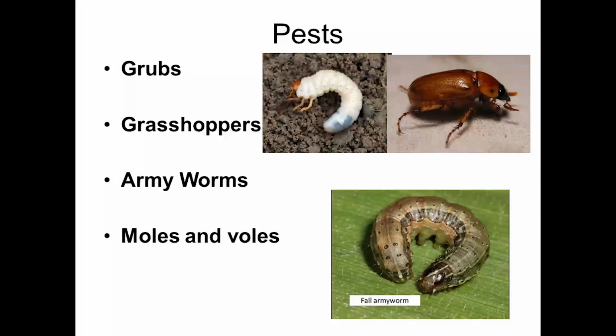But when they get their younger stage, they're this nasty little white worm, and they eat the roots of all the grasses and any plants that you have. Can be very destructive. There are very good treatments that you can get that are specifically targeted for this species, so it's not a big problem to go ahead and put in some pest control or insecticide for these.